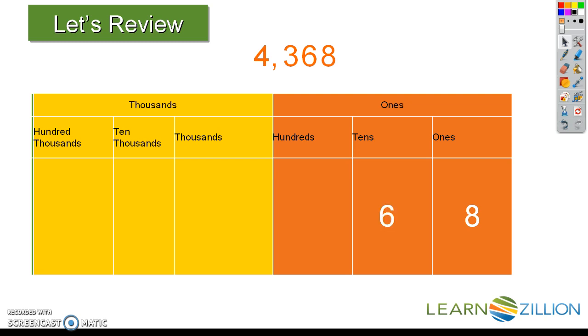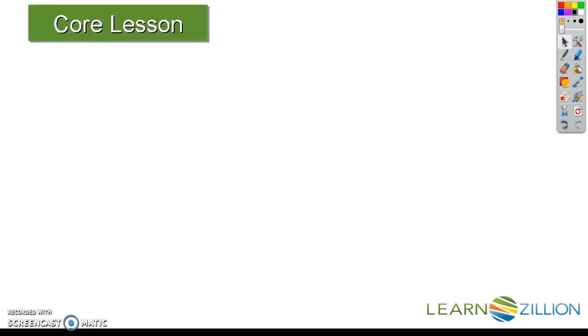You also have to know that the 6 is actually worth 60 since in the tens, 6 times 10 is 60. You also have to know that 3 is worth 300 because 3 times 100 is 300 because it's in the hundreds place. And lastly, you have to know that the 4, since in the thousands, is worth 4,000 because 4 times 1,000 is 4,000. So knowing how to do those extended facts is going to help you with the area model.